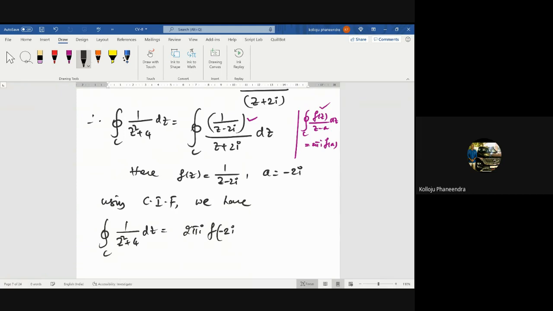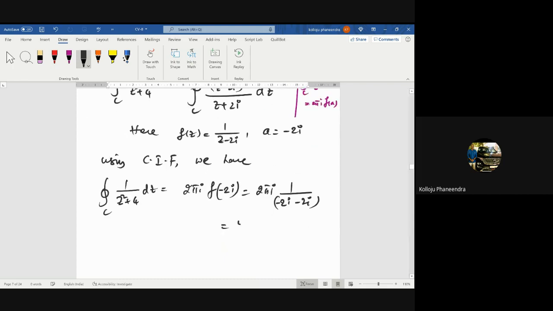A is minus 2i. So 2 pi i into 1 by z value: minus 2i minus 2i. So 2 pi i into 1 by minus 4i. So minus pi by 2 is the answer. Minus pi by 2 is the answer.